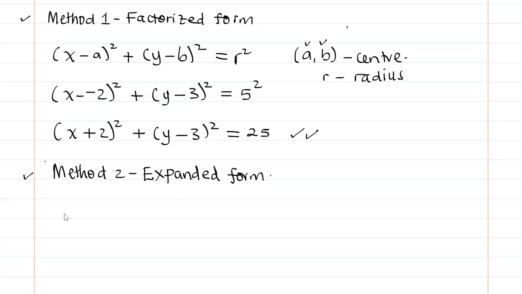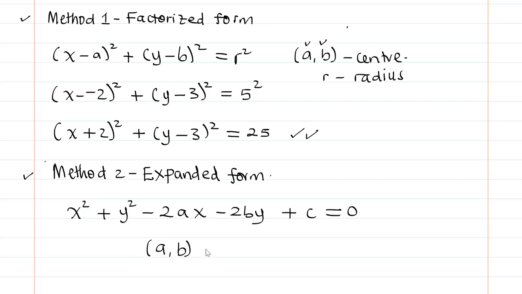The expanded form is of the formula x² + y² - 2ax - 2by + c = 0. This is the expanded form. And in this case, a and b are still the coordinates of the center.